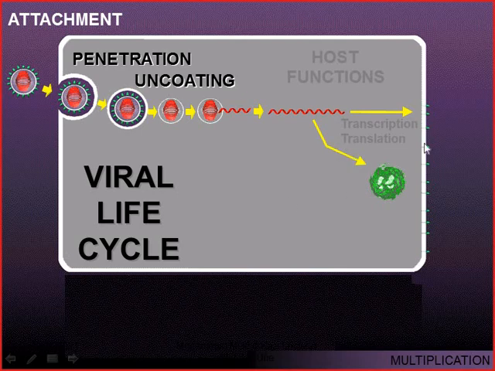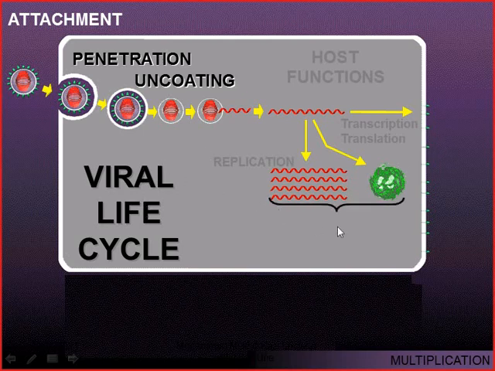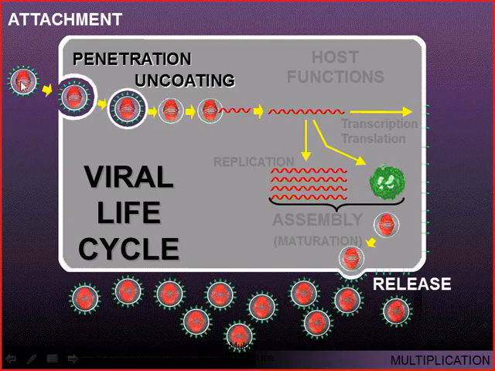Then they transcribe, and replication occurs with the help of the host DNA. The viral RNA or DNA will give direction to the host DNA to manufacture their individual parts, and then there will be assembly, and then release. So entry, uncoating, translation, transcription, assembly, and then release. This is how virus replication occurs.